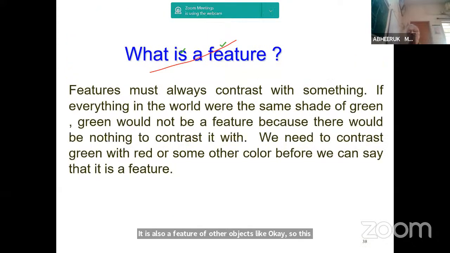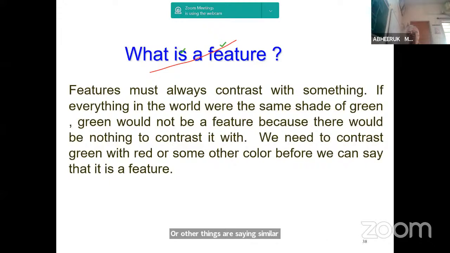In a concept, a number of features are combined through a rule. Features must always contrast with something. A feature should not be common to everybody. If the whole world's color is green, then it will not be a feature. Sometimes you have seen that in many places all the road marks and designs are the same, the buildings are the same.